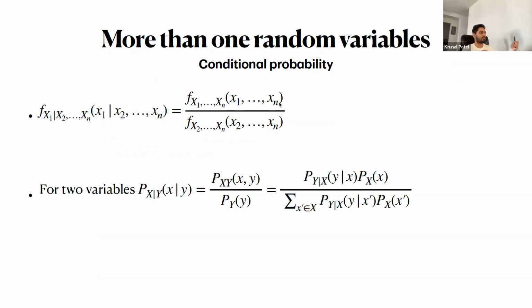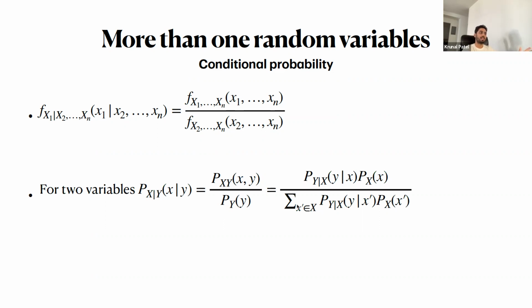Now for two variables, it is sometimes more useful. So we want to calculate the probability of x given y. In that case, we have the joint probability of x and y, and in the denominator, we'll have the probability of y taking the value y. Again, we just did exactly the same thing that we did in the Bayes rule.